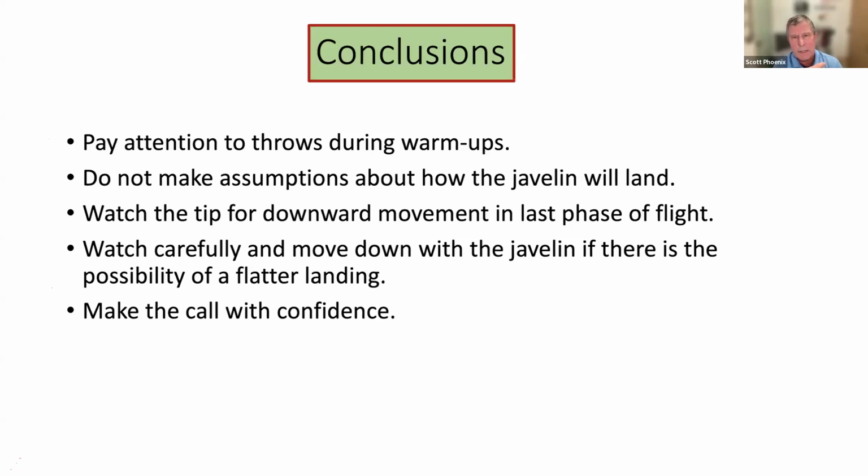In the last national meet I worked, we were using hand up with palm out toward the runway for a fair throw, and palm down away from the runway so that the back of the hand is seen for a foul throw.